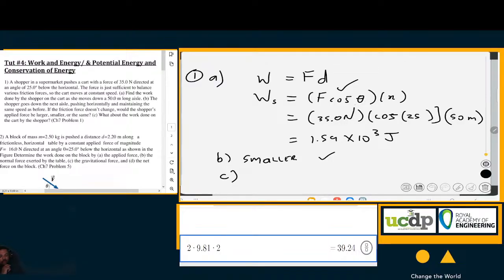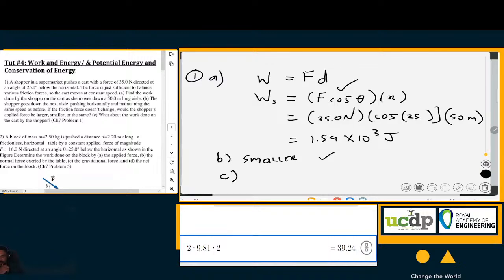So if the horizontal component of the force is increased, then the work done is increased, because it's now horizontal, which means that the entire force, not just a fraction of the force, is applied.